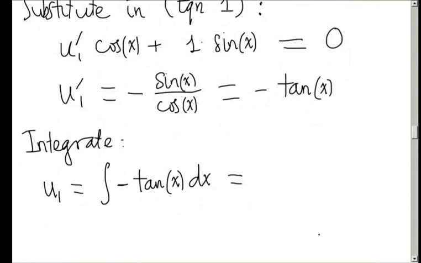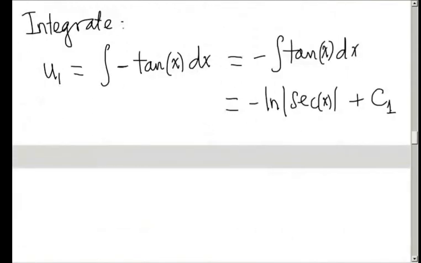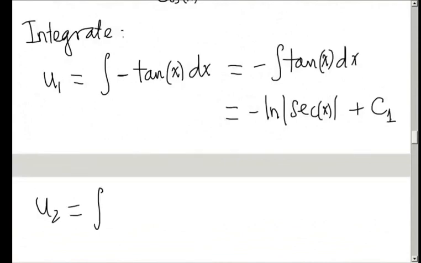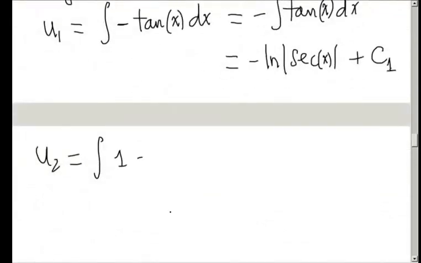The integral of tangent is log of absolute value of secant. So we'll have minus log of absolute value of secant x, and don't forget plus constant c. This would be c1 because we are integrating for u1. Similarly, u2 will be the integral, but this is easy because u2 prime is 1. So integral of 1 dx, and we get x plus c2.